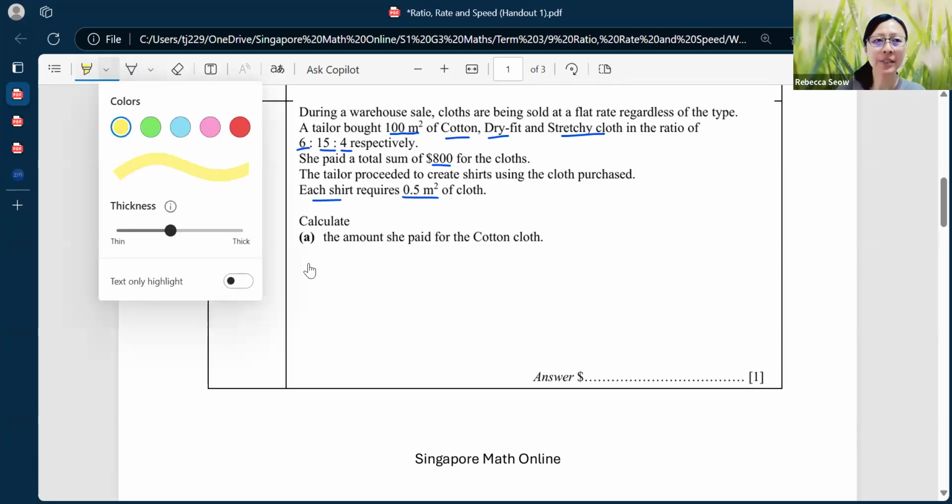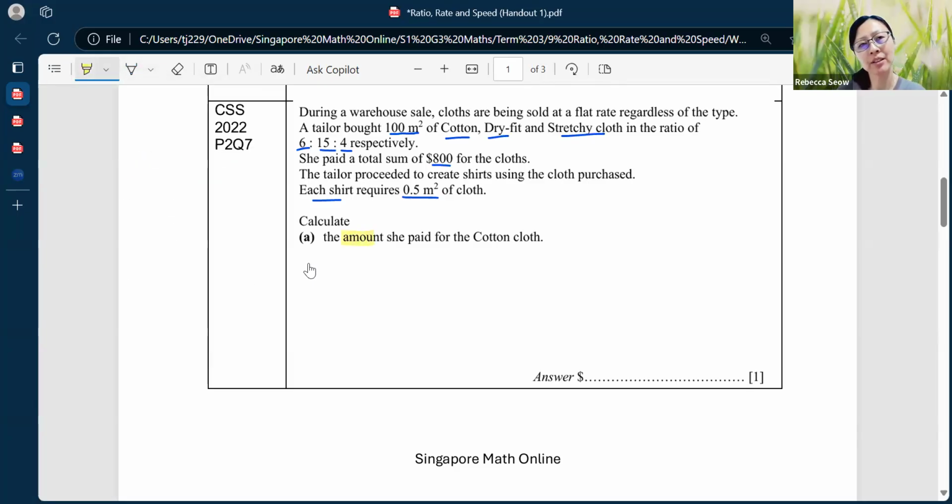Let's see. For this particular question, we are talking about the amount paid for cotton. Let's go back to the paragraph of information given to us and see about the information that is needed to work out something for part A. We are looking at amount she paid. Okay, so in terms of amount, the only amount where you have money involved is that the total sum is $800.